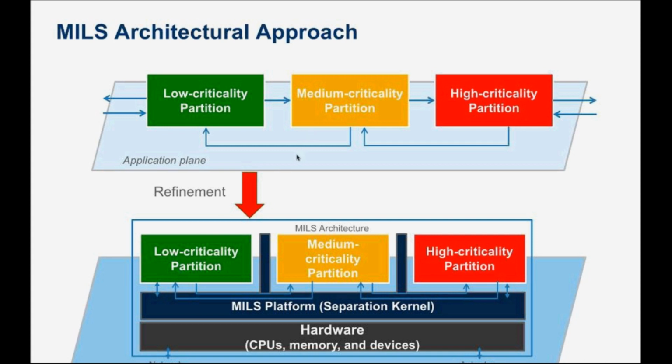Once you have this in effect, the MILS platform actually guarantees your separation, so you can go back to your abstraction layer because you now know that you can work on the individual parts of the design without needing to take care about interference from any of your neighboring applications.